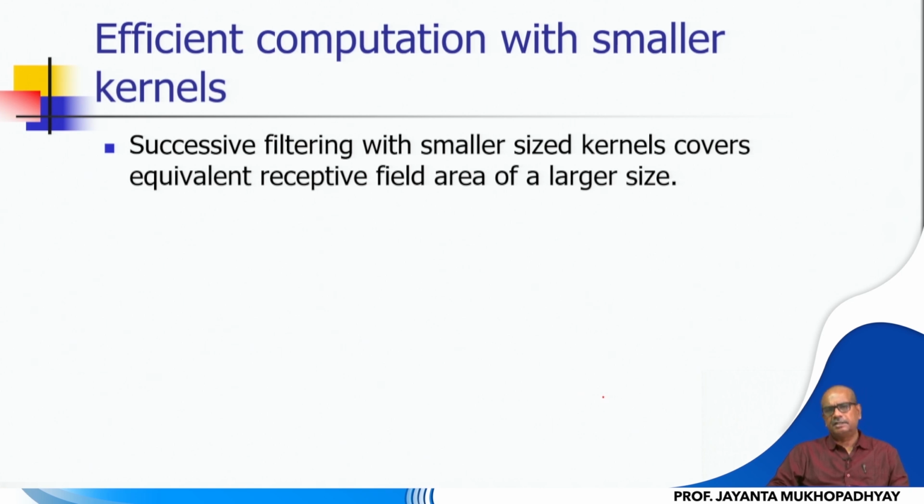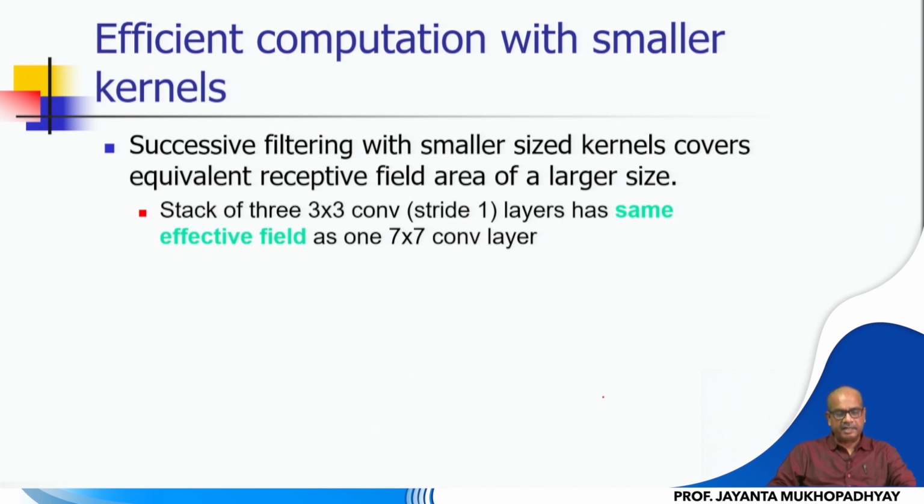Whenever there is a requirement of a larger size kernel, you can achieve that receptive field by a cascaded series of convolutions with smaller kernels. That means one single convolution layer with a larger kernel, say 7x7 size, can be equivalently done, not with exact computations, but the receptive field can be covered by, say, 3 stages of 3x3 convolution kernels.